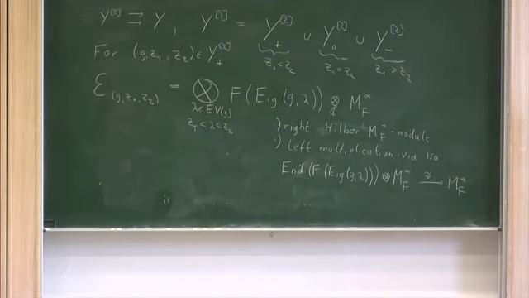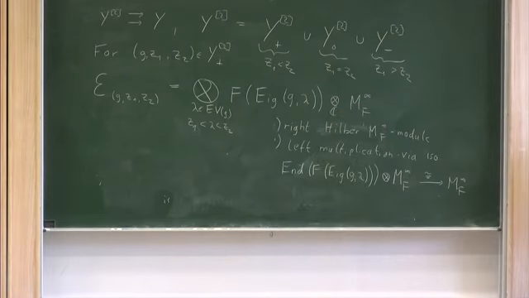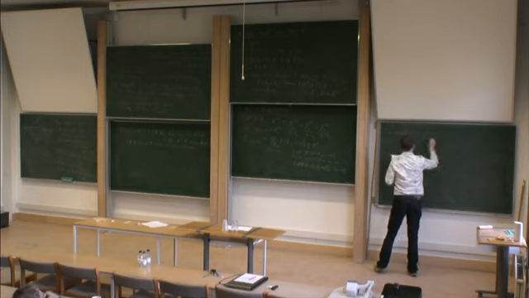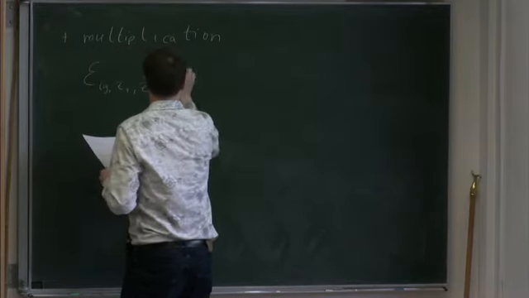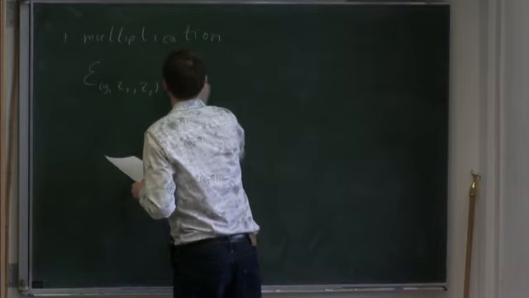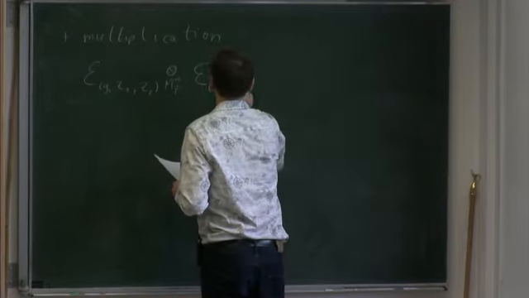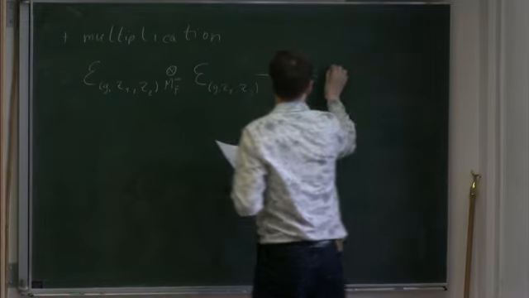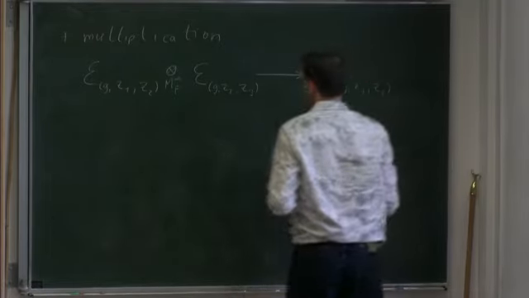So what I end up with is I have at least a multiplication where I form the tensor product over this algebra M_F infinity. Why is that?